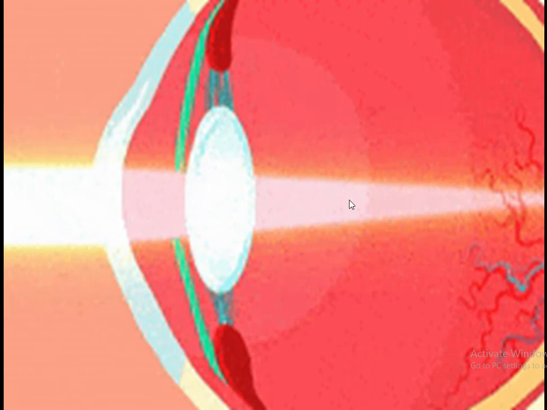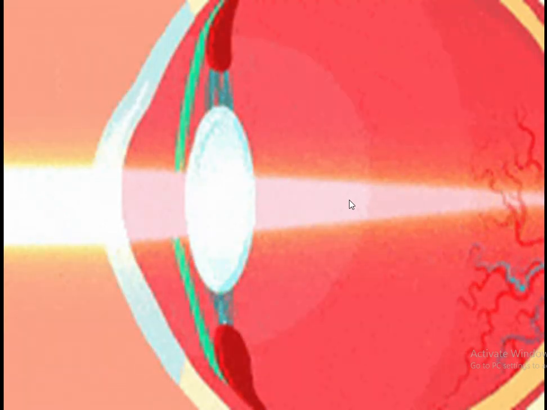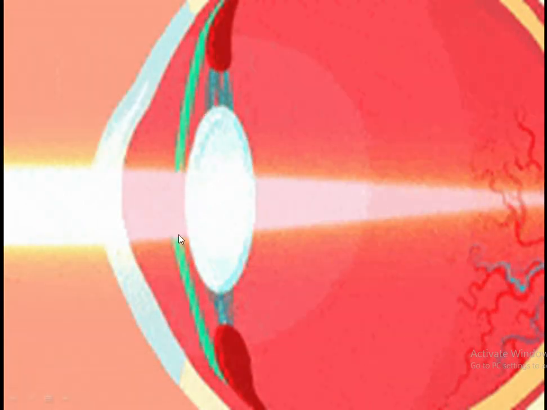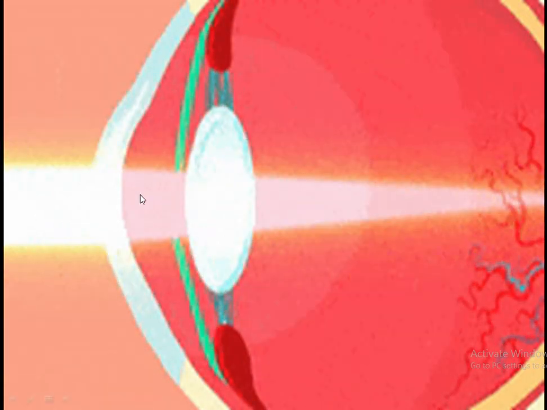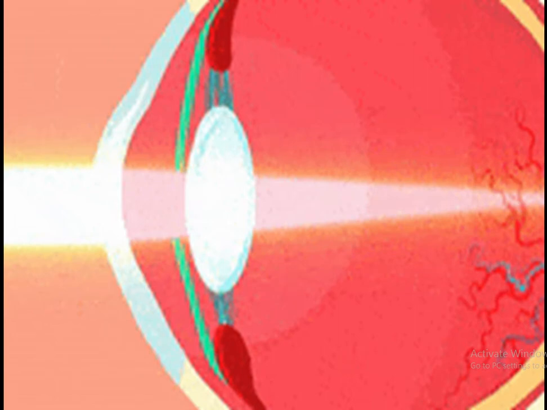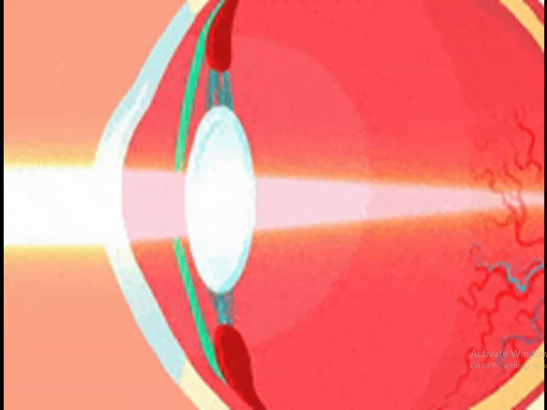You can again see in this animation the change of the pupil according to the intensity of the light. If it is dim light, the pupil enlarges. If it is intense, the size of the pupil decreases.